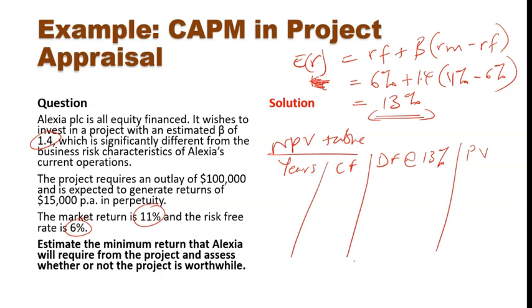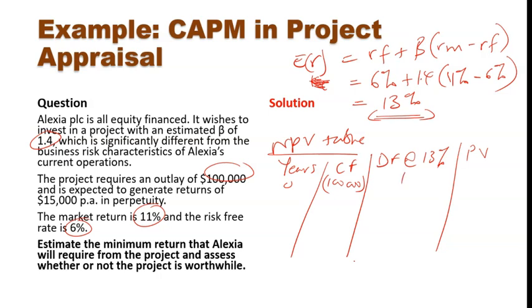So year 0 is the initial investment of 100,000.